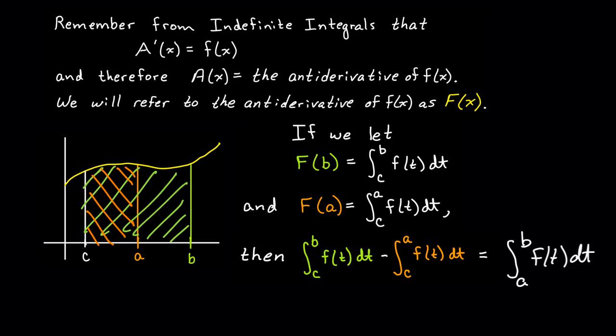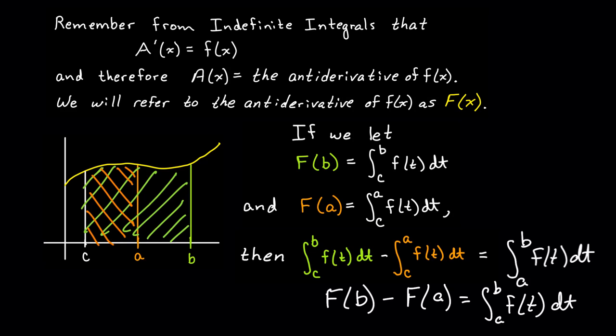Now, this integral from c to b, as we see here, can also be written as capital F of b. And so that would give us capital F of b minus, and then this integral can be written as capital F of a. So minus capital F of a is equal to the integral from a to b of f of t dt.